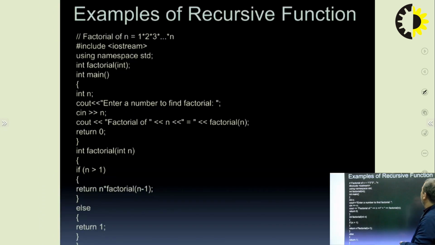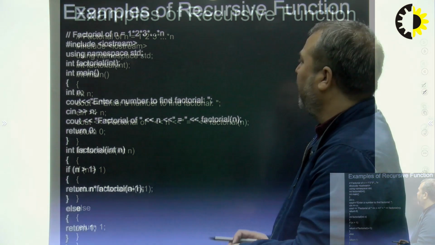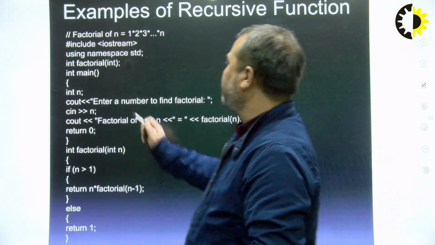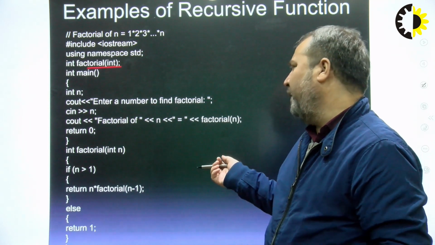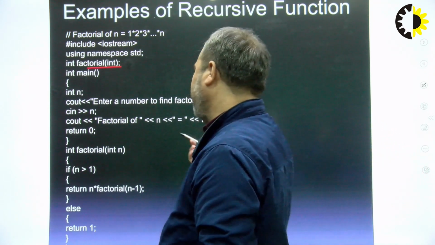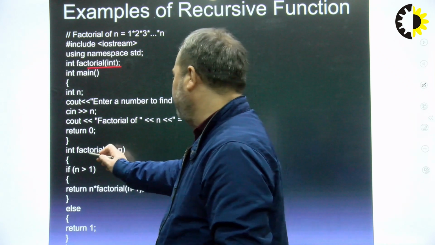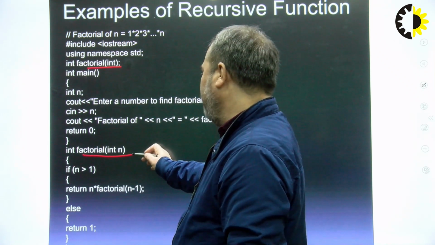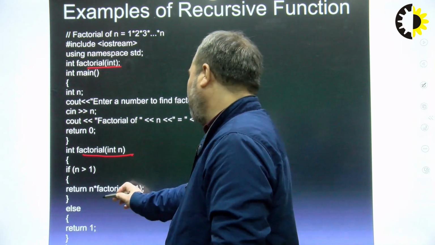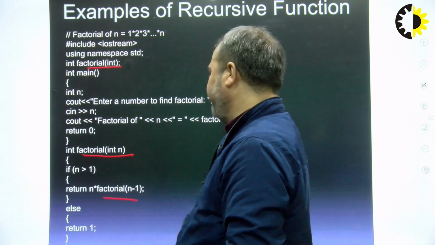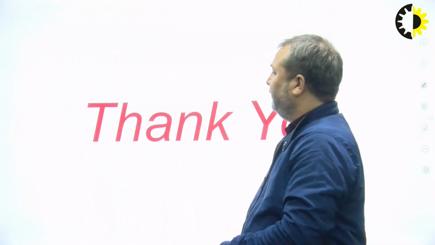And this is, say, factorial. We have written a simple program of factorial here as a recursive function. You can see in the definition of the factorial function, factorial calls factorial. So this function is called a recursive function.